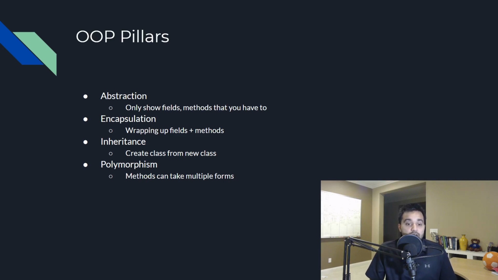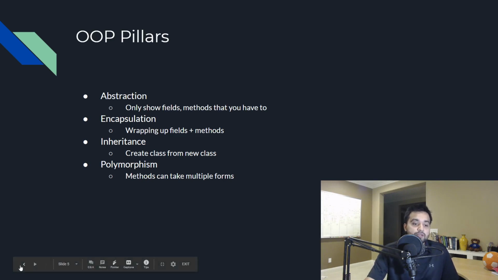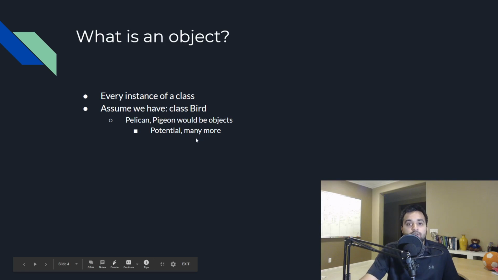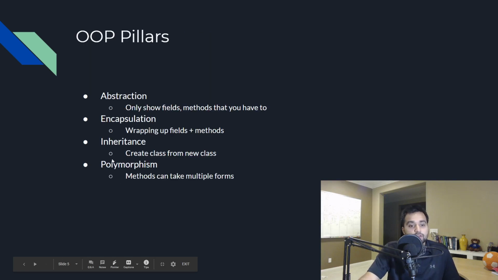We also have inheritance: can you extend the functionality of another class? In fact, the bird example is an example of inheritance. And there's also polymorphism, where methods can take multiple forms. We're going to explain all this in the next couple of videos.